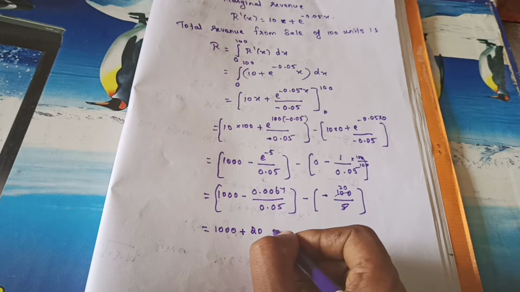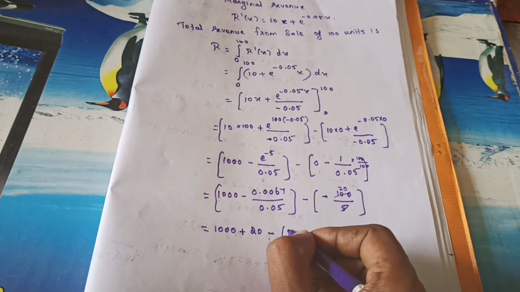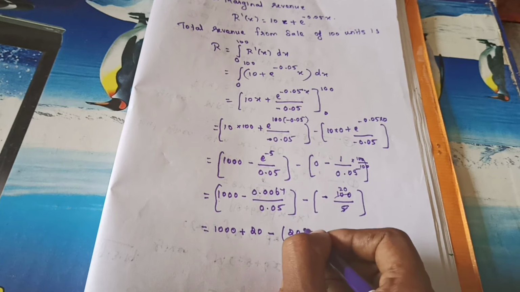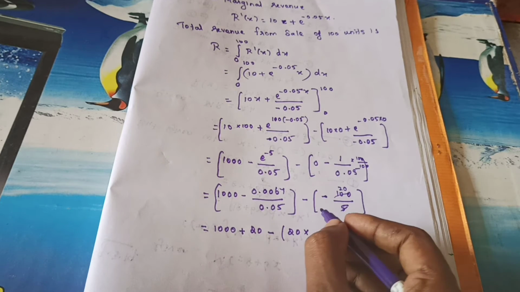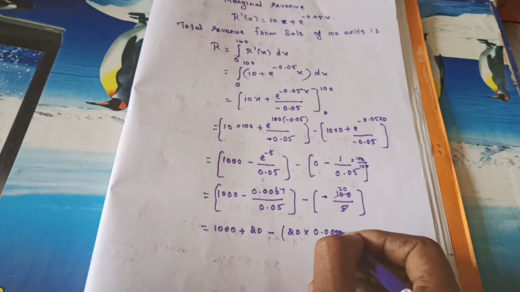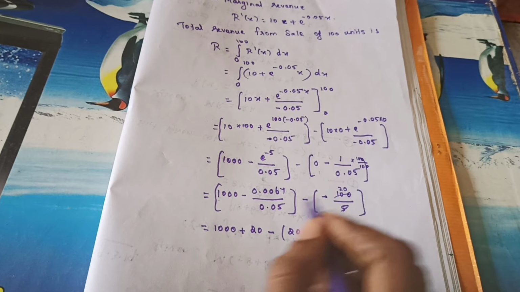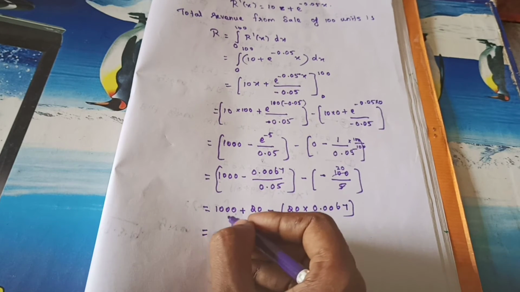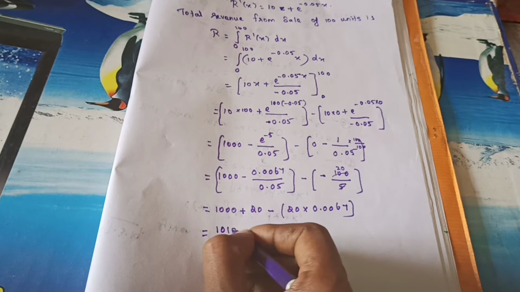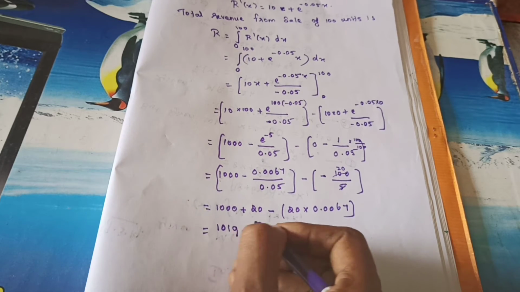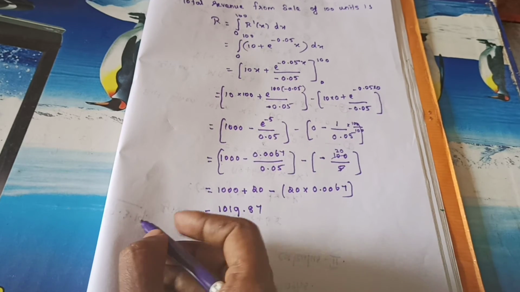Then minus of 20 into 0.0067, when you divide you will get the answer. Otherwise, you can calculate using the calculator. When you are simplifying, you will get this answer. Understand?